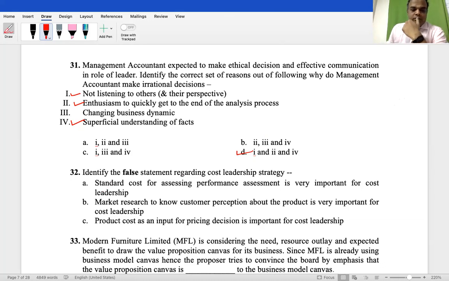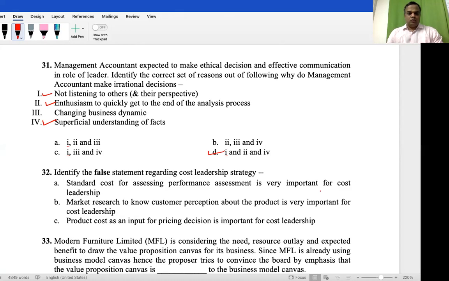Identify the false statement regarding cost leadership strategy. Option A, standard cost for assessing performance is very important for cost leadership. Option B, market research to know customer perception about the product is very important for cost leadership. Option C, product cost as an input for pricing decisions is important for cost leadership.